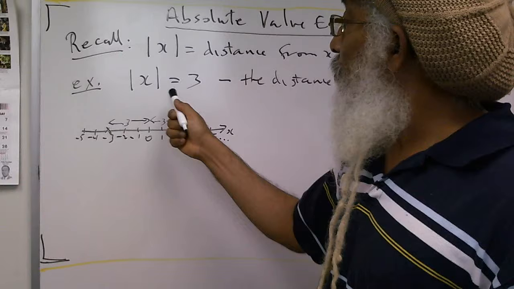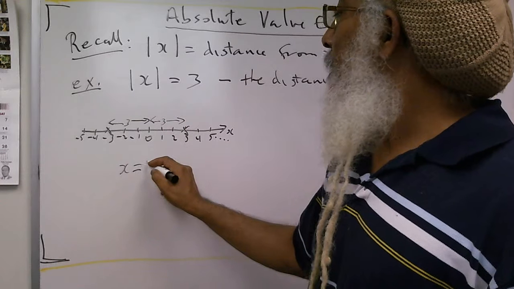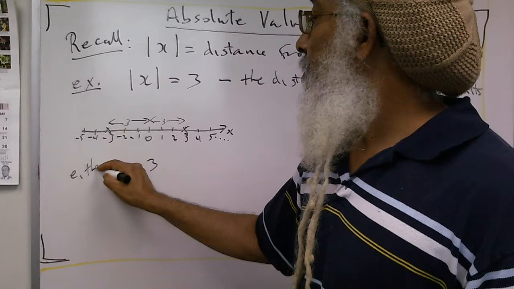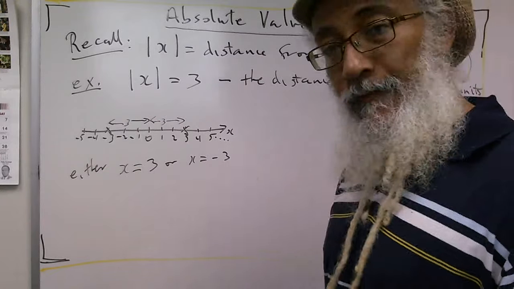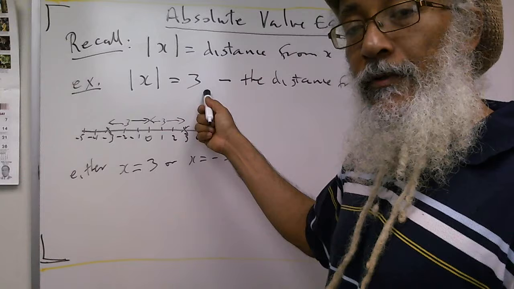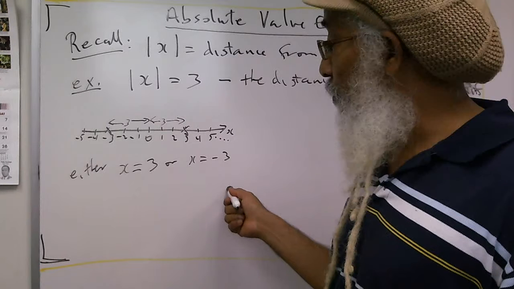So the solution to this equation will be either x equal to 3 or x equal to -3. And this is a feature of most absolute value equations. You will end up having 2 solutions to the problem.